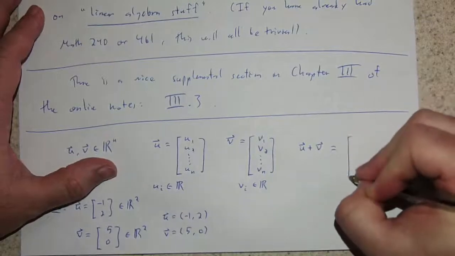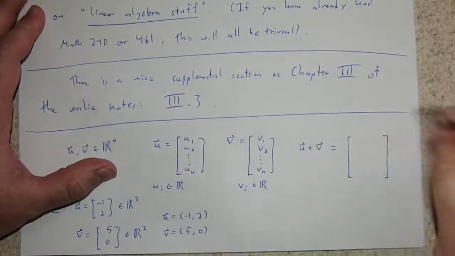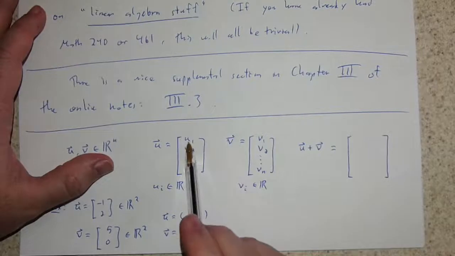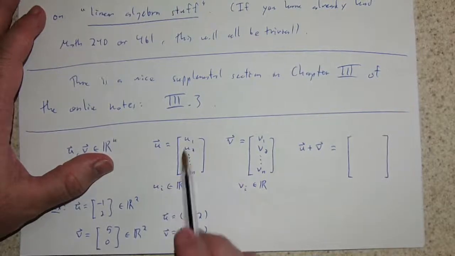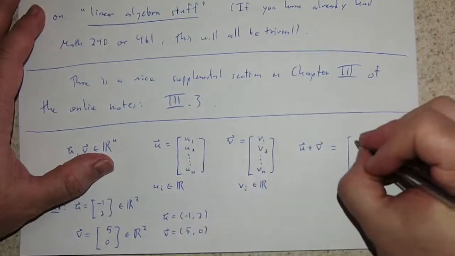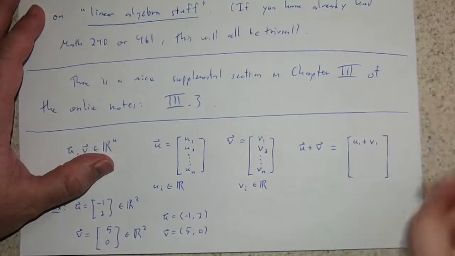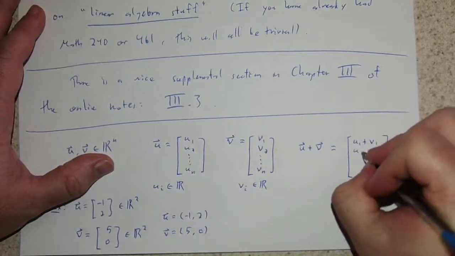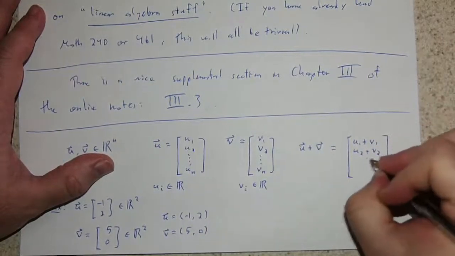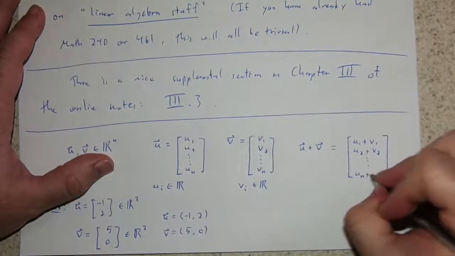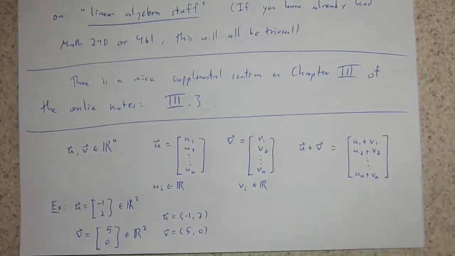So, for instance, this is the vector whose slots are determined from the components of u and v in this way: u1 plus v1 is the first, u2 plus v2 is the second, and so on, all the way down to un plus vn. That's how vector addition works.